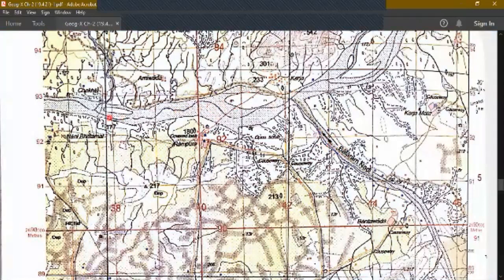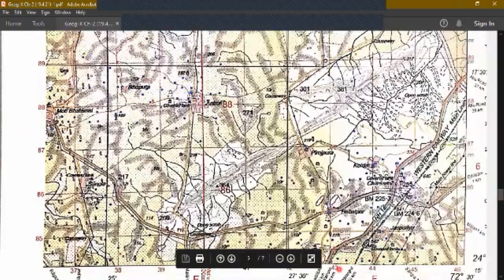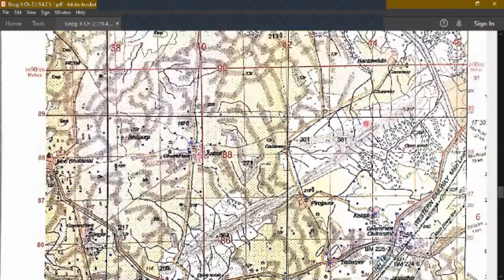Number 3, the settlement pattern shown in 4-figure grid 4389, that is 43 and 89, is the dispersed settlement.